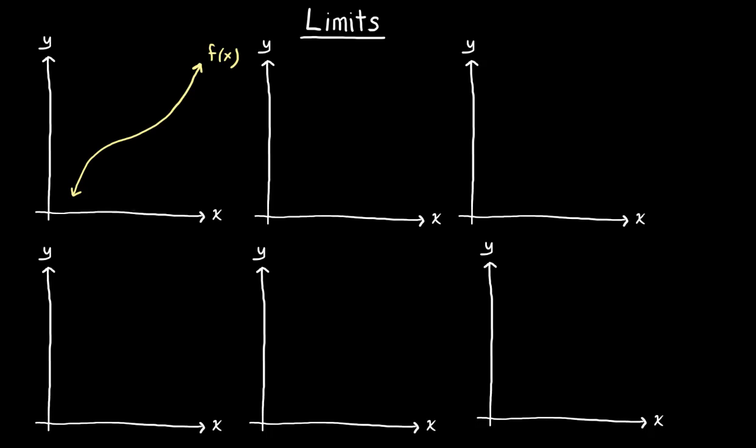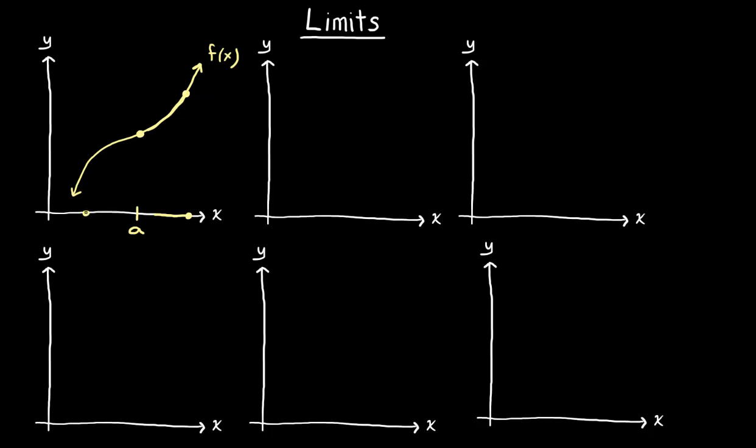Here's our first graph, graph of f of x. We're going to label this very important point on the x-axis, x equals a. And we're going to talk about what is the limit as x approaches a. So what does that actually mean? If I start out here on the x-axis and then I approach a, correspondingly, I will approach this point here.